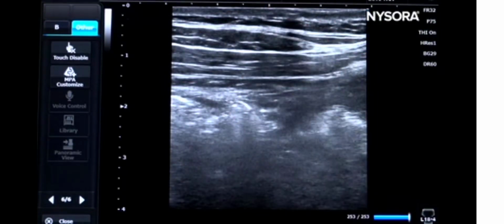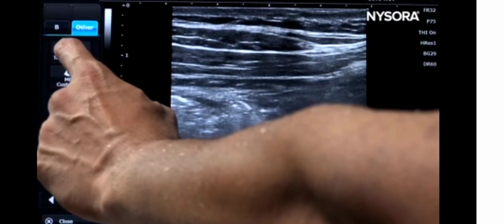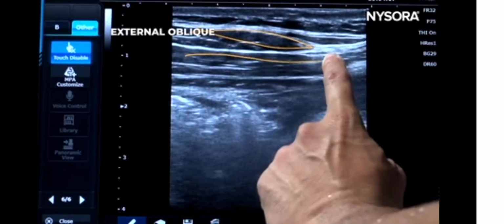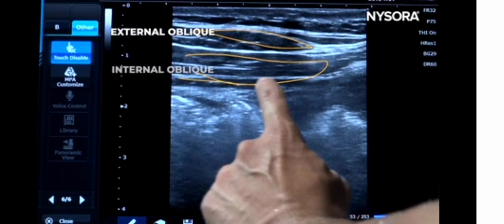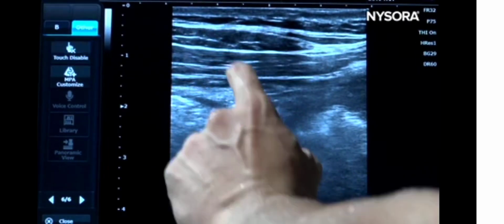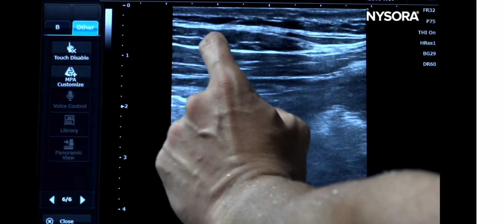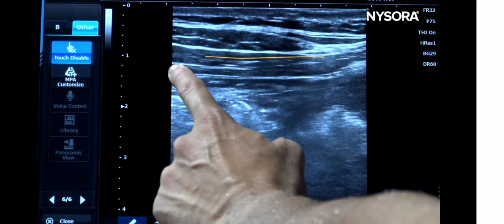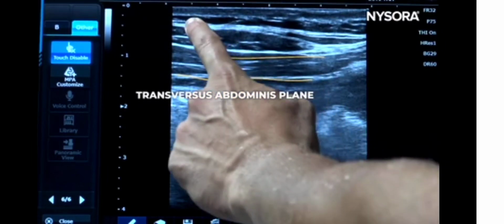So you have all the three abdominal muscles that are shown in this picture: external oblique, the thicker one, the internal oblique, and the transverse abdominis. And the TAP plane would be the plane between the internal oblique and the transverse abdominis. So this is the plane, this is the area of interest.